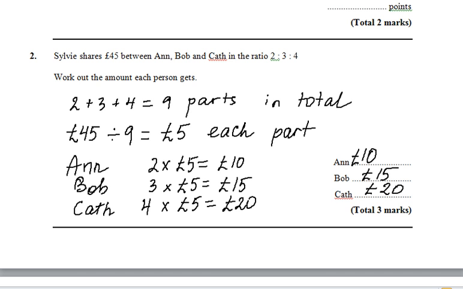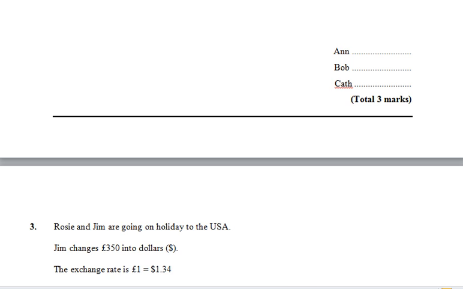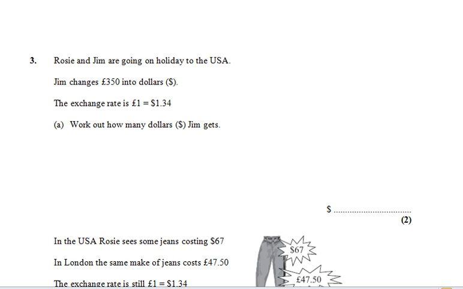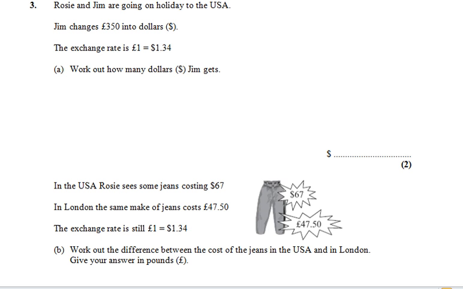Okay, now let's move on to the next question. Question 3. Rosie and Jim are going on holiday to the USA. Jim changes 350 pounds into dollars, and that is the exchange rate, and we need to work out how many dollars Jim gets.